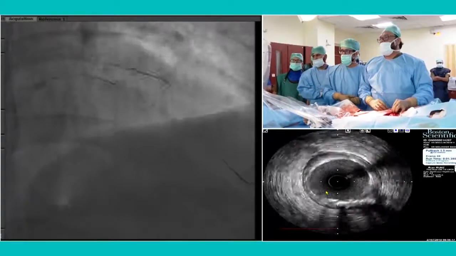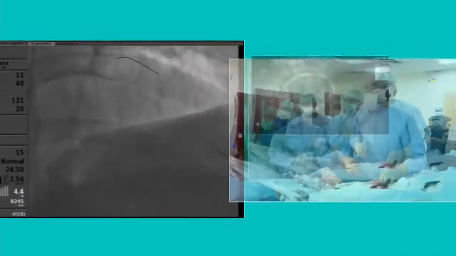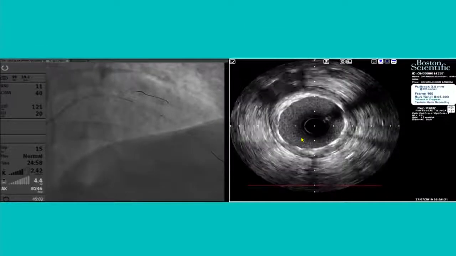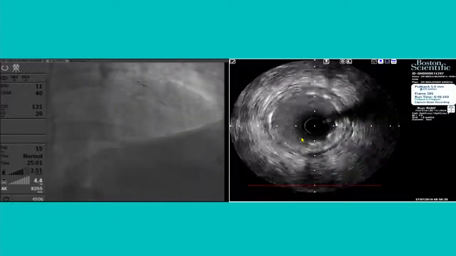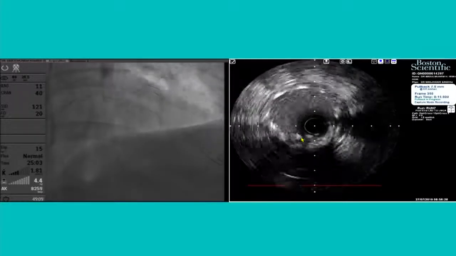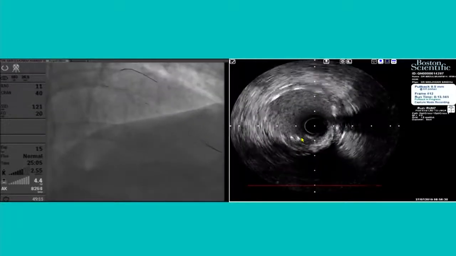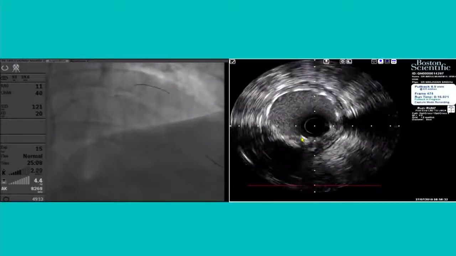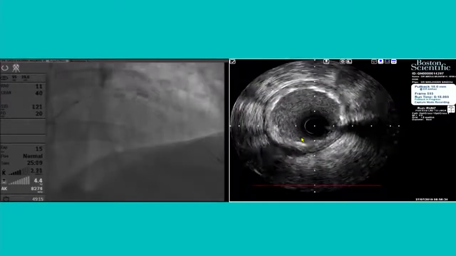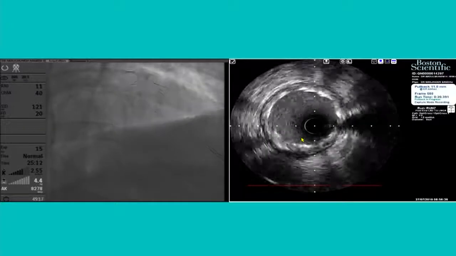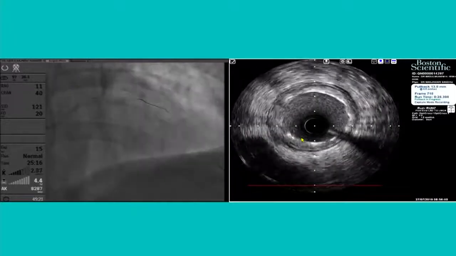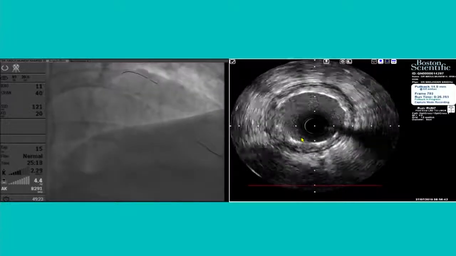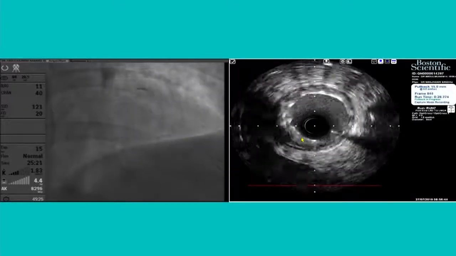So we are in the proximal LAD stent. As you can see, the stent is well expanded. Now we are coming to the proximal LAD. That's the 4 millimeter stent here, which is showing perfectly, it's expanded well. And now we are about to come into the left main.